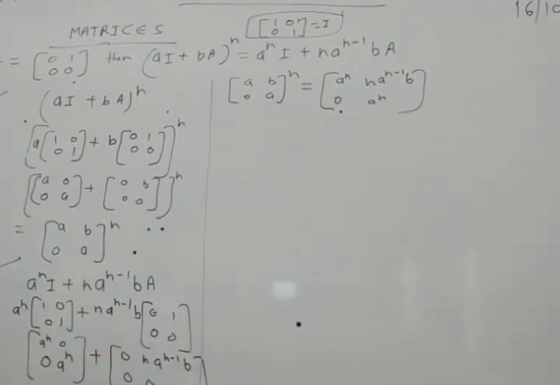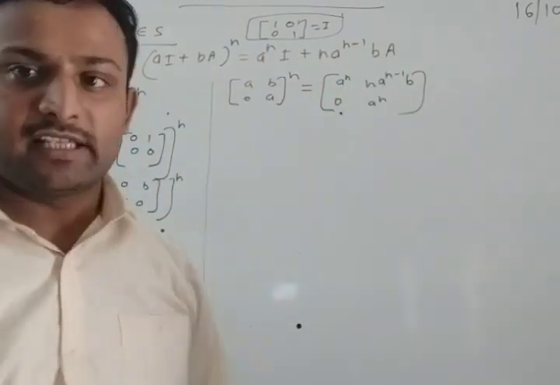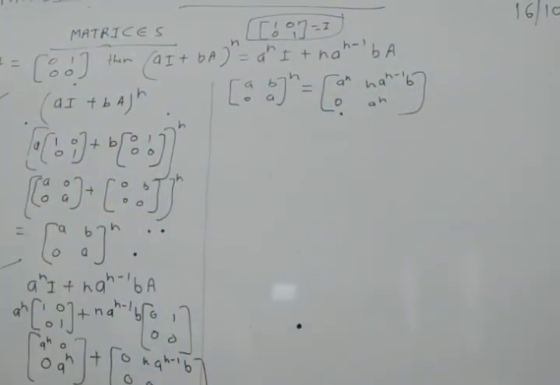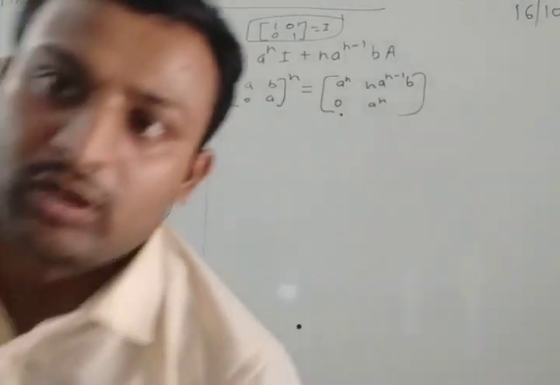So we write here. Now multiply this term. Now adding this, A to the power n and a to the power n minus 1 b 0 a to the power n. So our left hand side is equal to the right hand side. Now we will prove this by the principle of mathematical induction. Okay, now in the principle of mathematical induction what we will do?